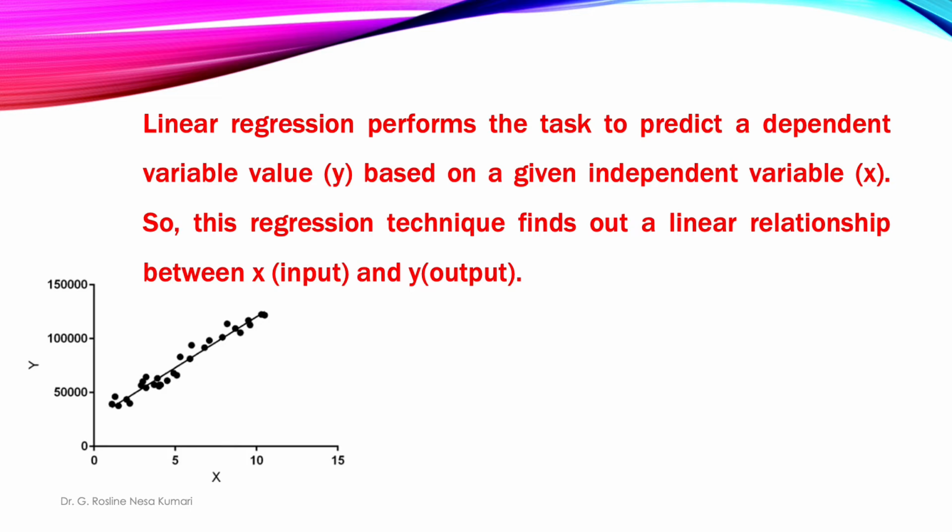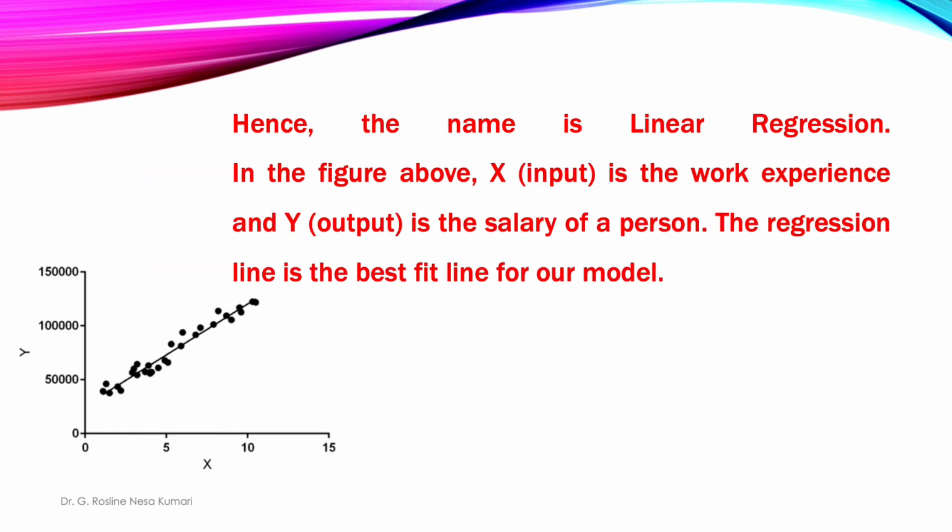Based upon the experience only, the salary is fixed for the particular person. The regression technique finds the relationship between the x-axis, which is the input value, and the y, which is the output value. So y is the prediction, hence the name linear regression.